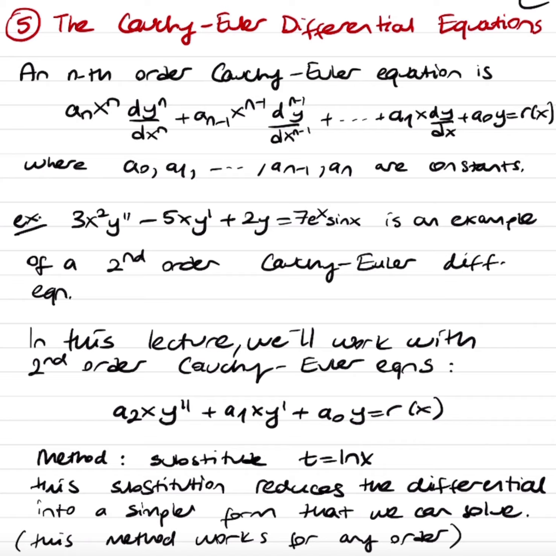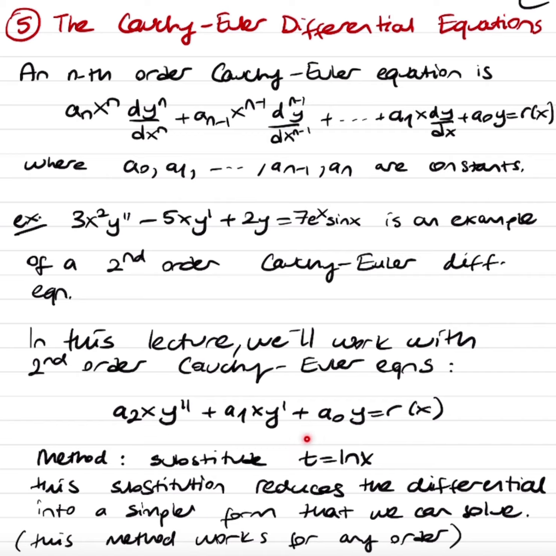And in this lecture, we will learn how to solve this kind of equations. We will focus on the second order, but the method will work for any other order. So it is always the same idea.